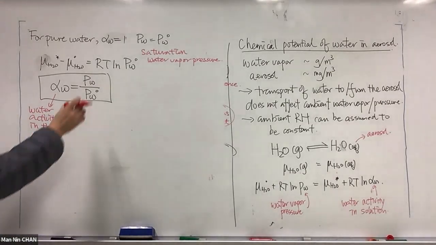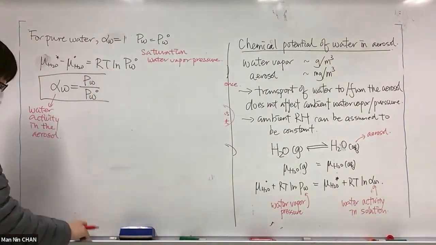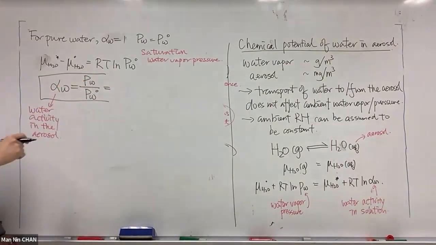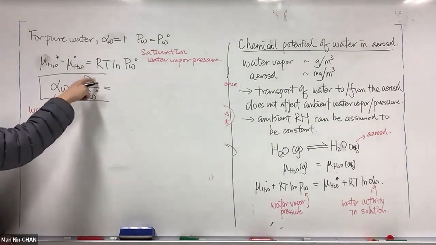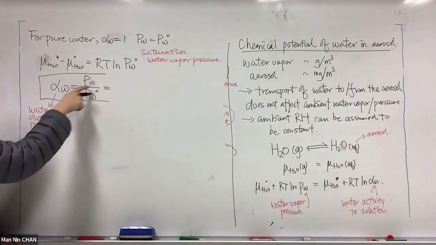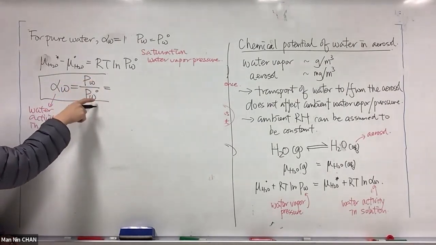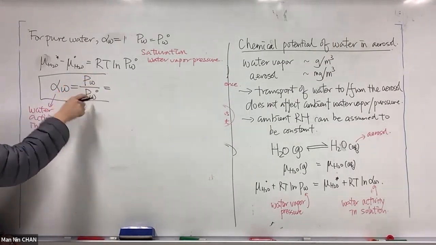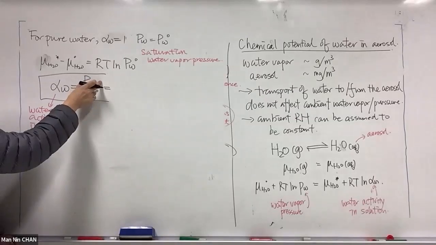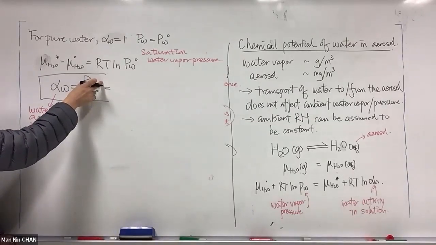If you look at this term here, this is the partial vapor pressure of the water vapor, and this is the saturation water vapor pressure. So what is the meaning of this ratio? This is the saturation water vapor pressure, and this is the partial vapor pressure of the water molecule.